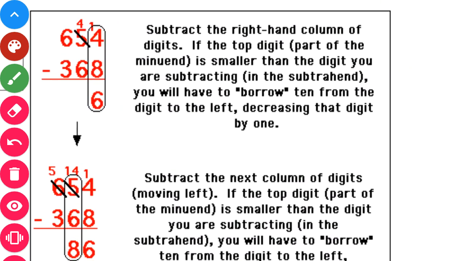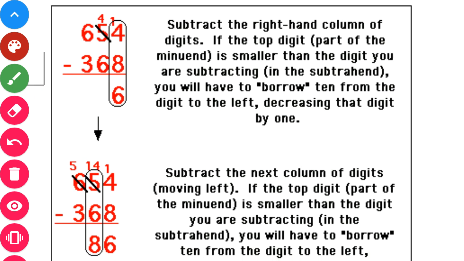Okay, here I am having an example for you. So here 654 minus 368. I am going to read the instruction for you. Subtract the right hand column of the digit. So we will start from right hand column. If the top digit is smaller than the digit you are subtracting, you will have to borrow 10 from the digit to the left.